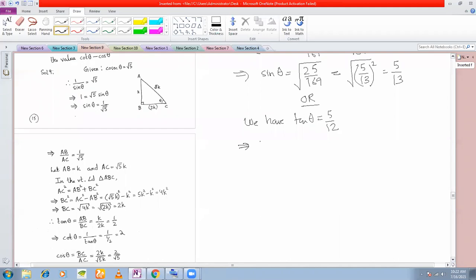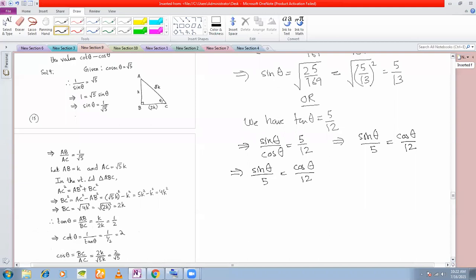So you write tan theta as sine theta by cos theta is equal to 5 by 12. Now you can write this as sine theta by 5 is equal to cos theta by 12, right? That means sine theta by 5 is equal to cos theta by 12.